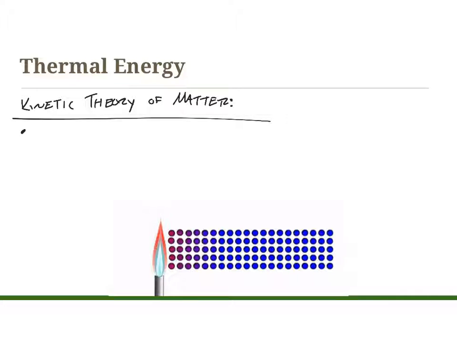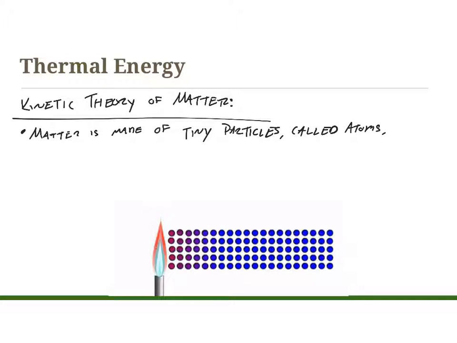First of all, it says that matter is made of tiny particles called atoms that are constantly in motion.